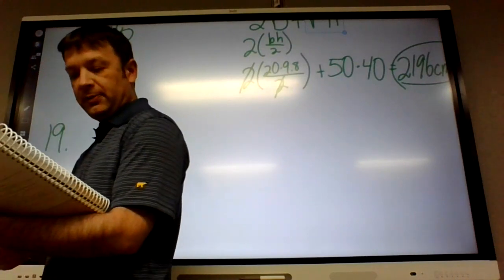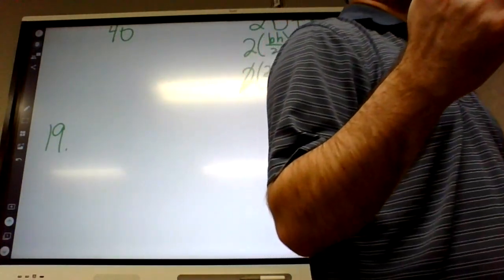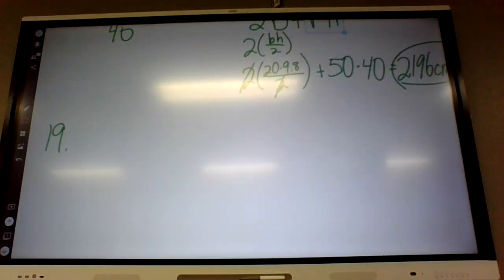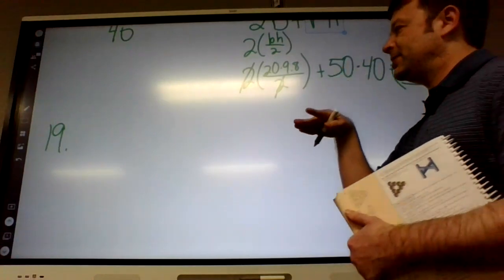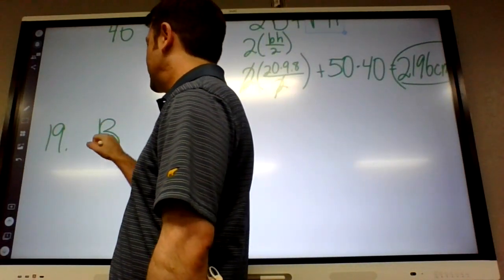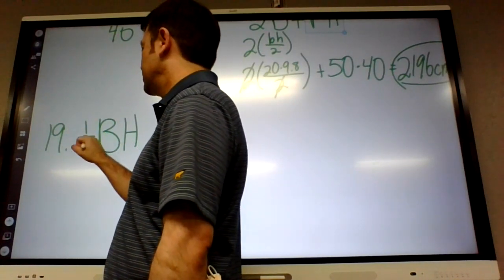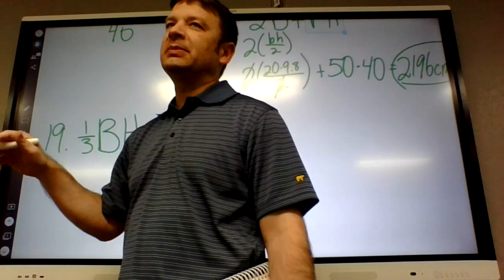Number 19, find the volume of the cone. Okay, so basically when we did volumes of prisms and cylinders, it was area of the base times the height. But on cones and pyramids, do you guys remember what changed? There was a 1/3.